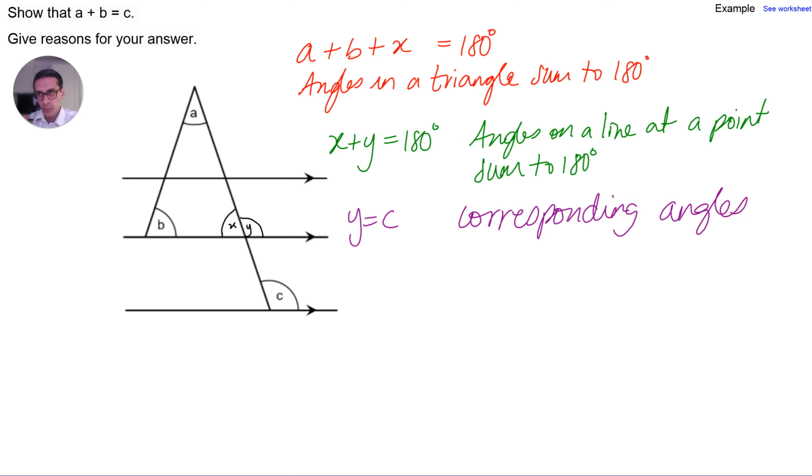Now, the question was to ask us to show that a plus b is equal to c. So we know that if we rearrange some of these, it can help us work this out. So we know that if x plus y is 180, but also x plus these two angles are 180, then we can say a plus b must equal y.